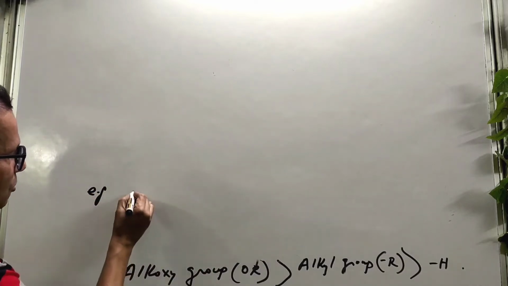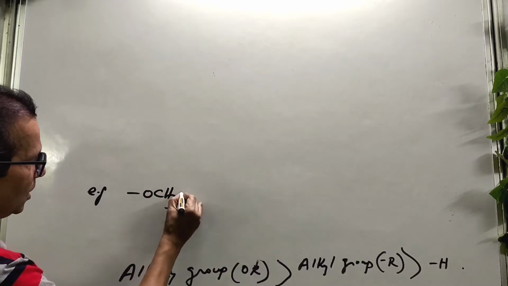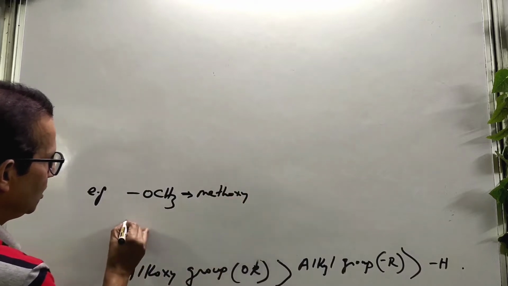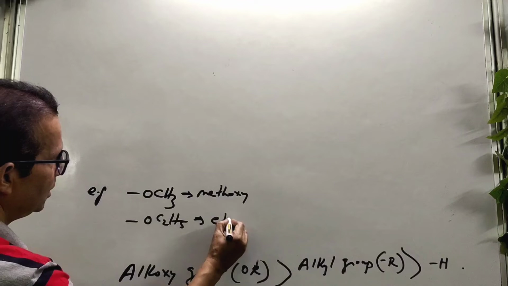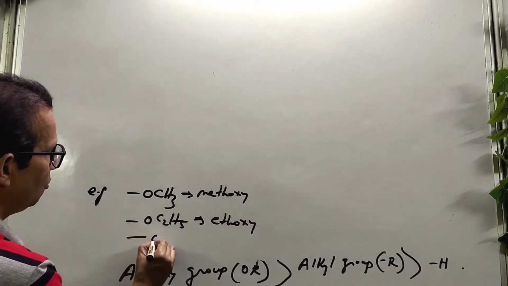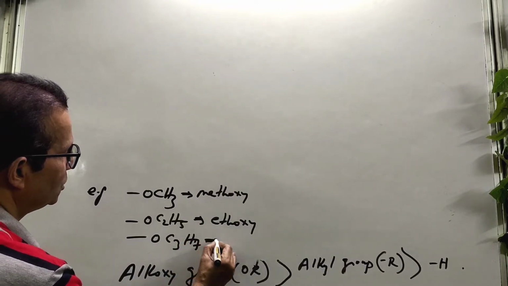Examples of alkoxy groups: methoxy OCH3, ethoxy OC2H5, propoxy OC3H7.